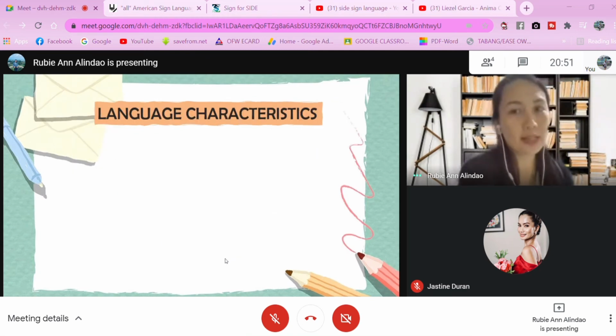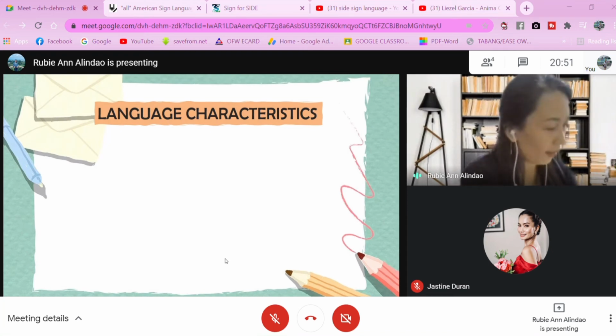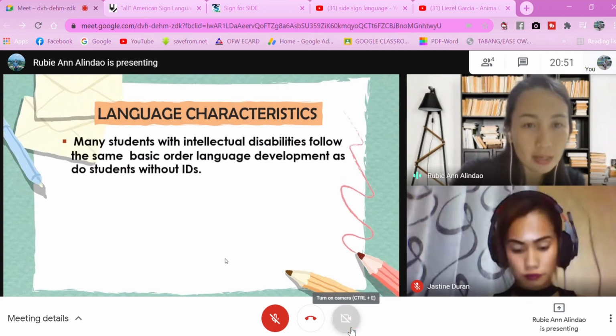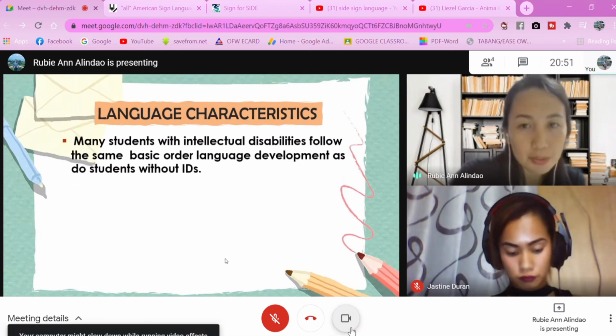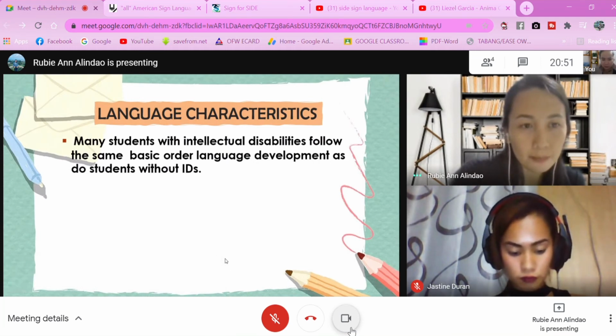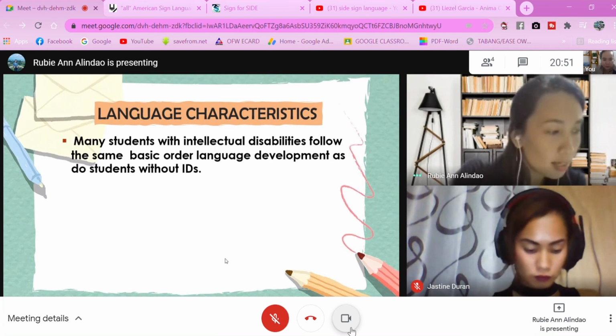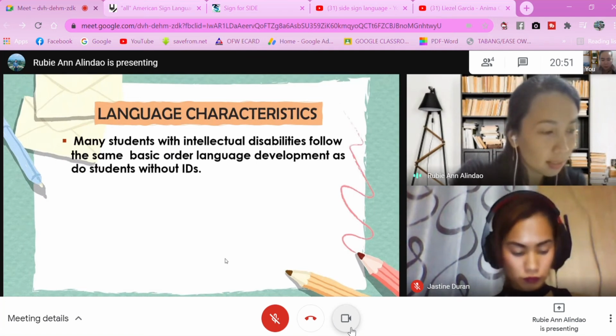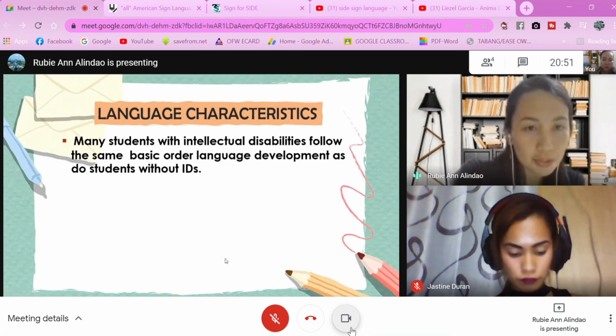So next is the language characteristics. Under this, many students with intellectual disabilities follow the same basic order of language development as those students without intellectual disabilities. For example, students could experience delays in learning vocabulary or engaging adequately in give-and-take conversation.